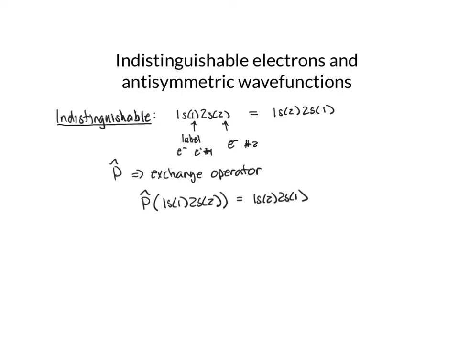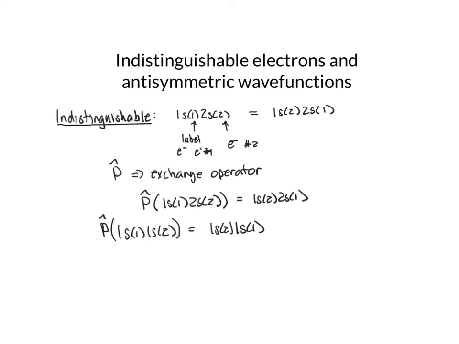So for instance, if I had both electrons in the 1s orbital, so I had 1s1 and 1s2, and I operate P hat on that wave function, I will end up with 1s2, 1s1, and that would be exactly the same because it wouldn't matter whether I wrote 1s2 first or 1s1 first.